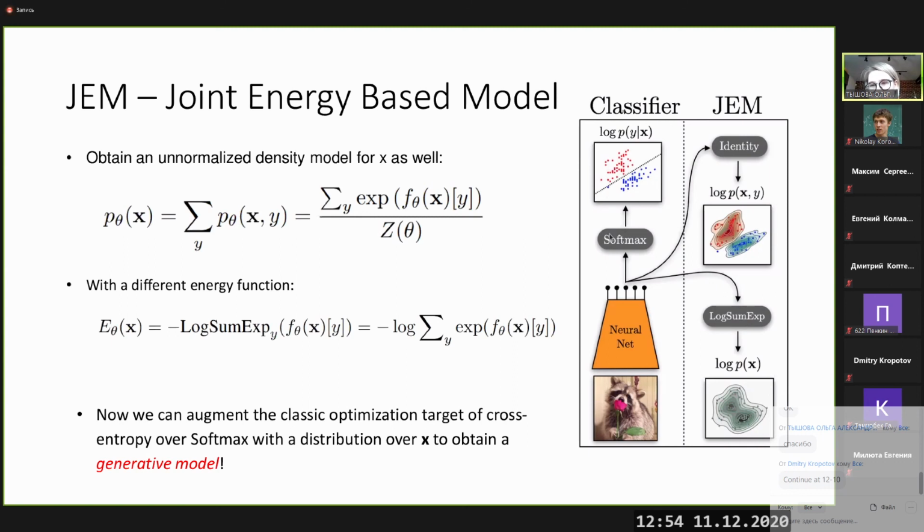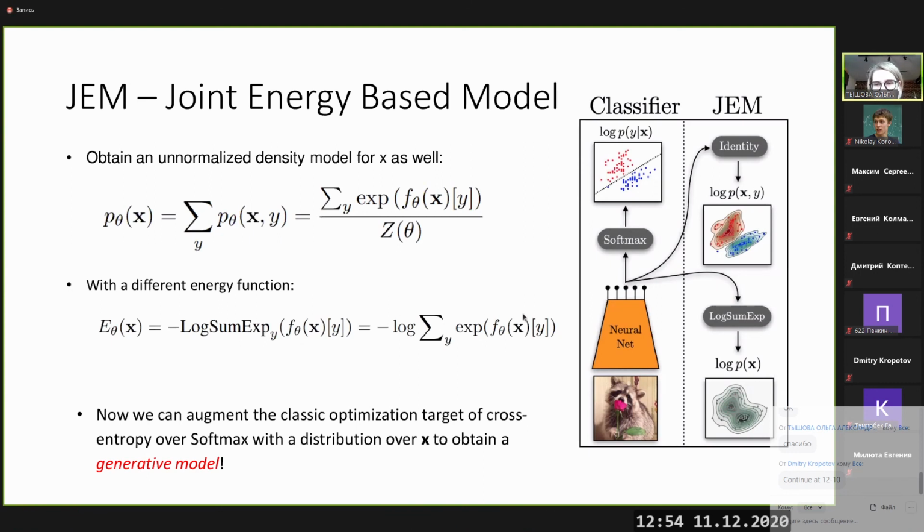If we apply the logarithm of the sum of exponents, we can obtain the probability distribution of x, and actually the outputs of the network can also be used in order to obtain the joint probability distribution. So now the question is, how do we optimize this thing?